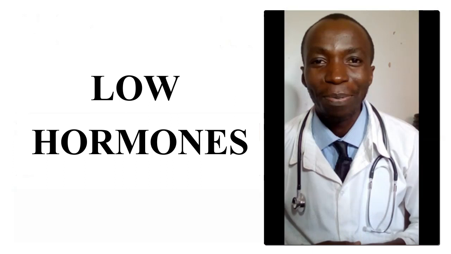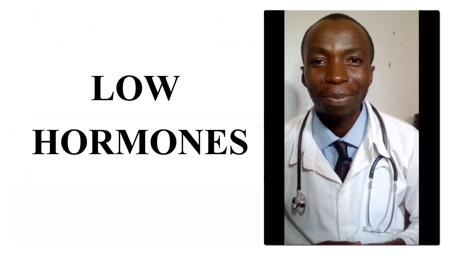Specifically, the HCG hormone, the human chorionic gonadotropin hormone, when it is very low, let us say below 15 milli-international units per mil, the pregnancy test may not be able to detect the HCG hormone.